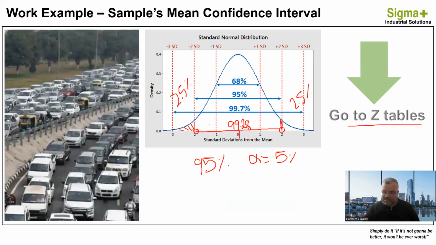Why? Because this is the 95%, from here to here, and then I have plus the 2.5%, which is the 97.5%. And from there, I can know the z-score on the right side of the mean. So first of all, we need to know the z-score at that point on the left side, where the area under the curve will be 0.025.